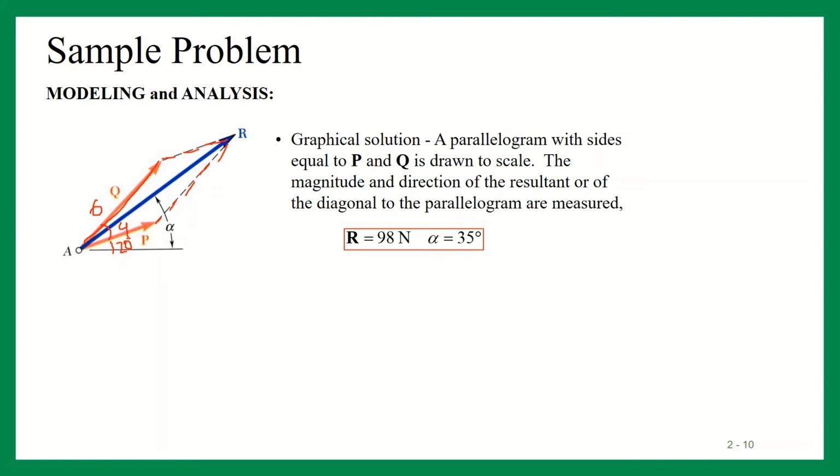Now you can draw the diagonal. This is the diagonal, and you can measure this angle alpha and this length. When you measure this length, you will find the length will be 9.8 if you have drawn in the centimeter scale.